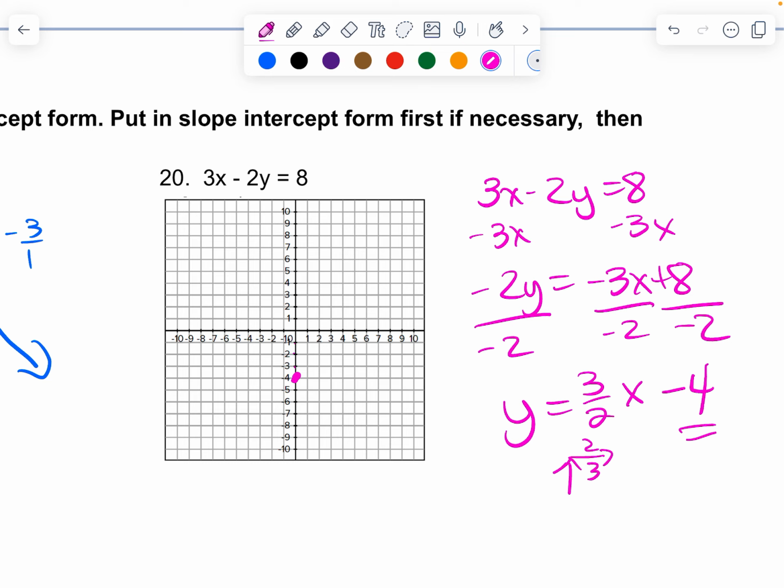So 1, 2, 3 over 2, and repeat. Could I have gone down 3 and to the left 2? Sure. And voila.